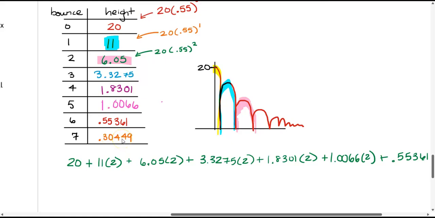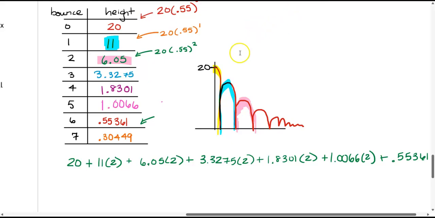So we're not going to be including that because that was the bounce that got us below the height of 4 inches. And so that wasn't a bounce that counted. That was the first bounce where it was below that 4 inches. And so we were coming down to this one right here because it's no longer traveling here.